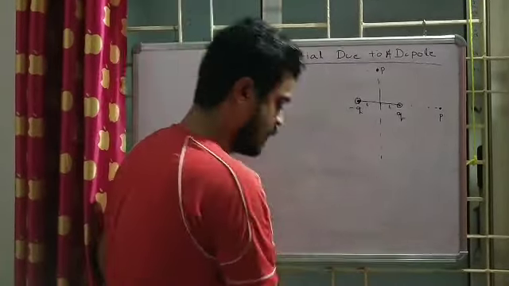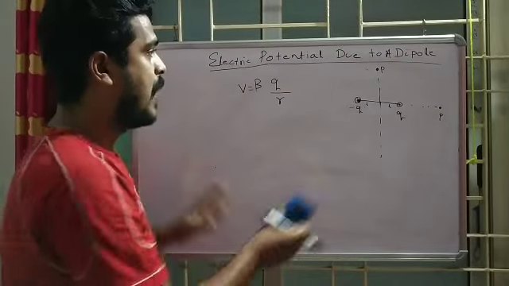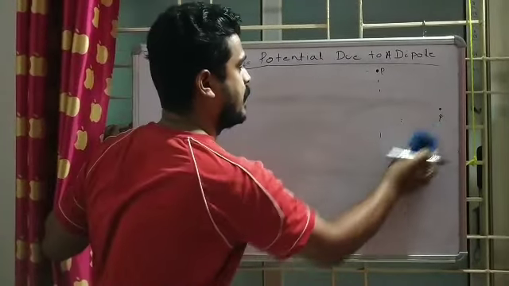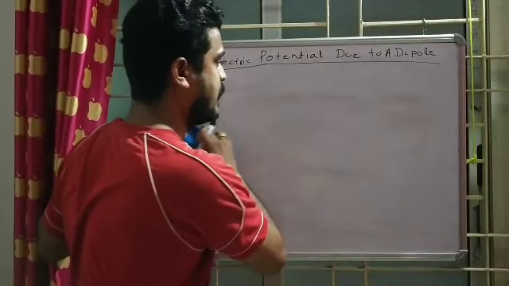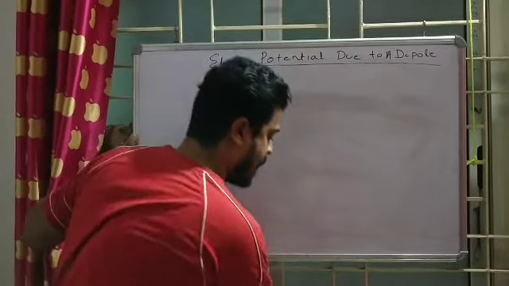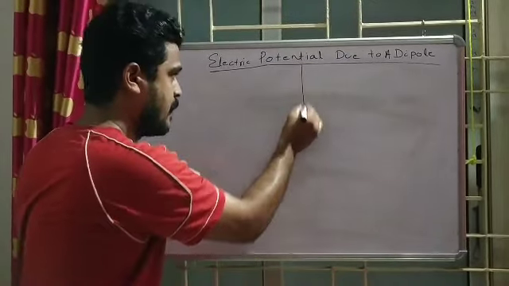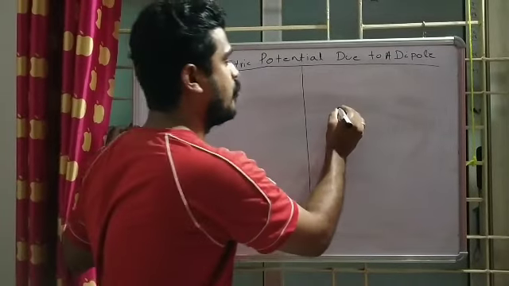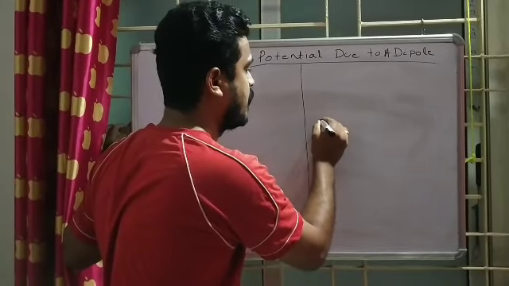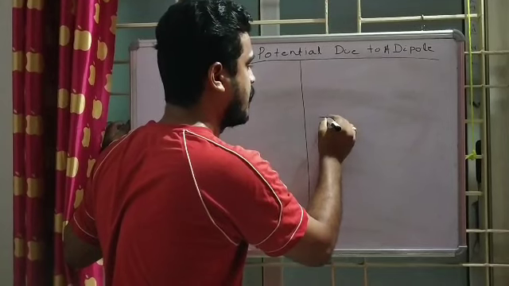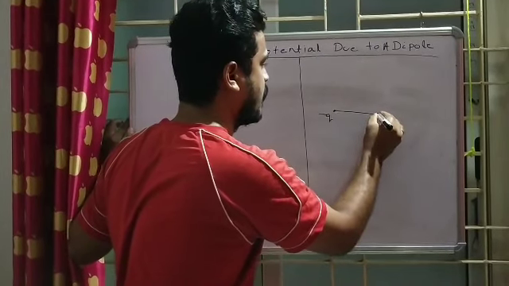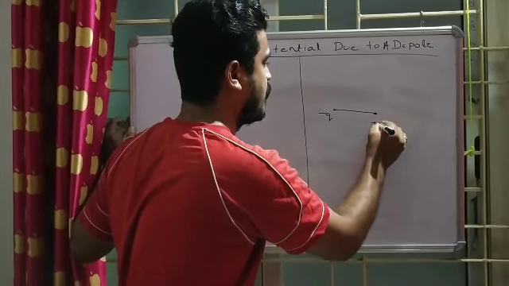First I will do it for the axial line. It is the dipole with minus q and plus q.